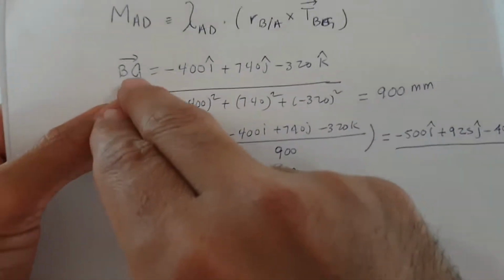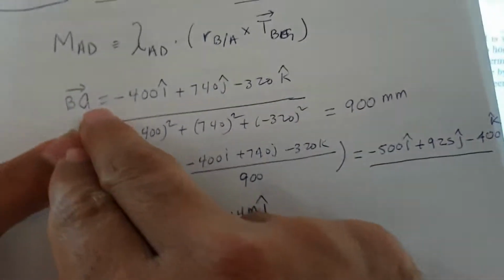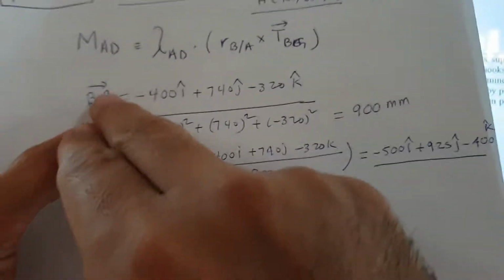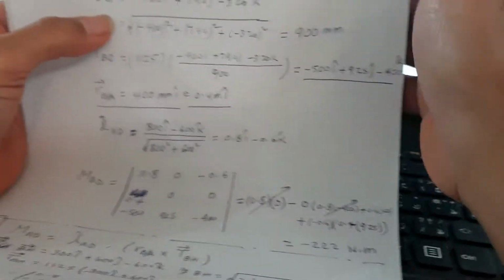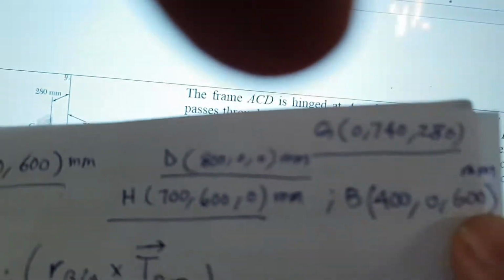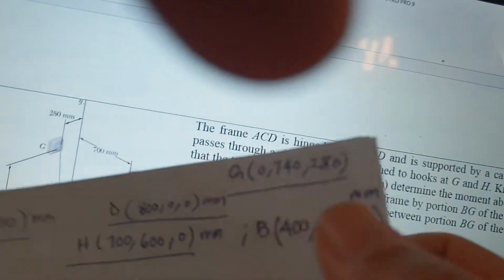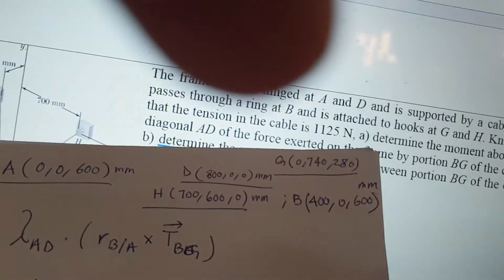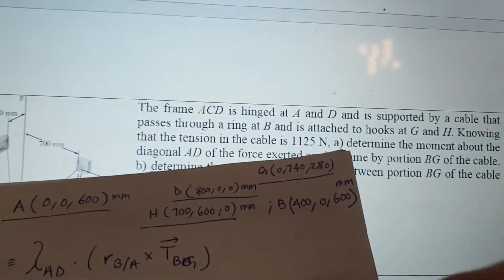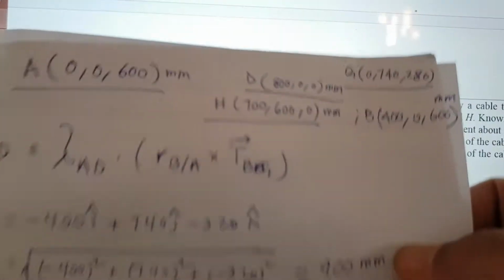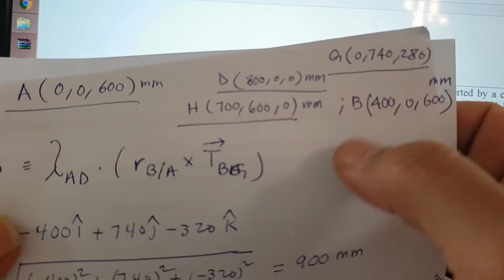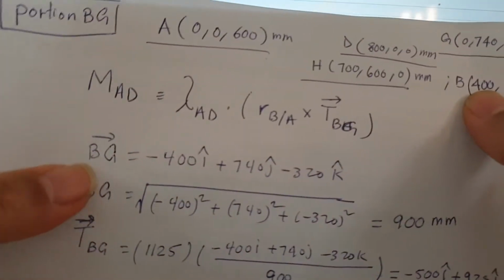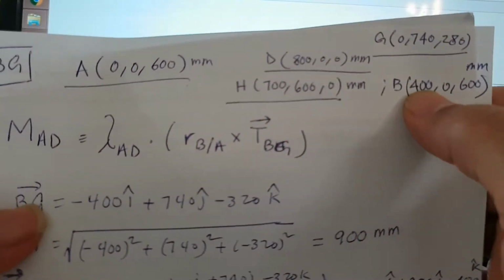First of all, we have to find the vector form of BG, which means G minus B. G is here and B is here. So BG is G minus B.